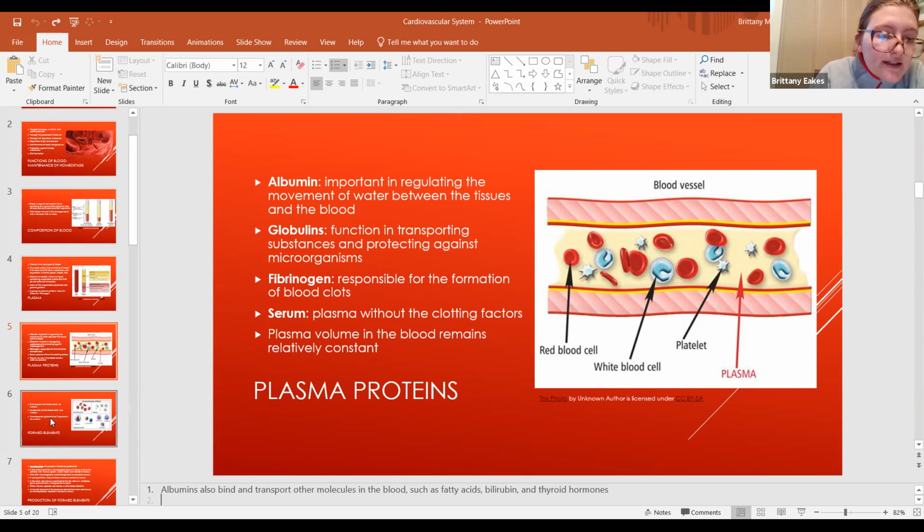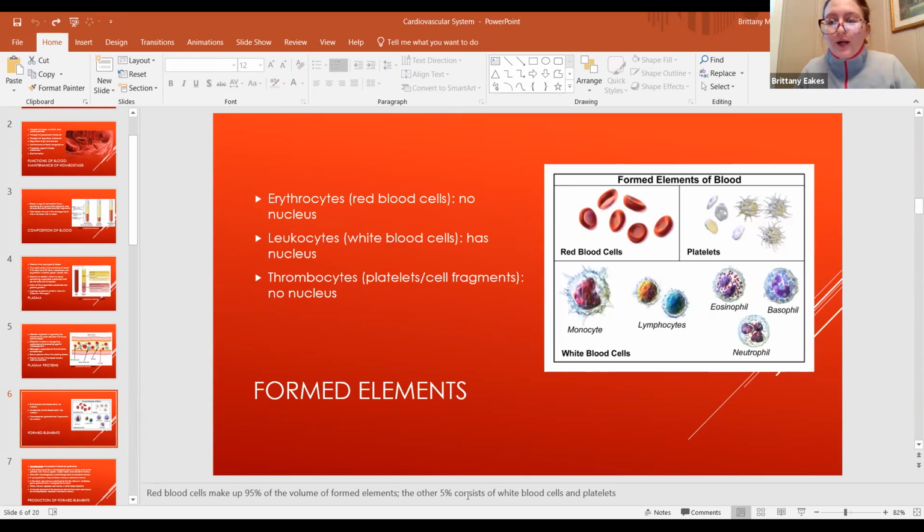Okay. So the formed elements of the blood, these are important. The formed elements include your erythrocytes, which are your red blood cells. Red blood cells don't have a nucleus. Leukocytes are your white blood cells. They do have a nucleus.